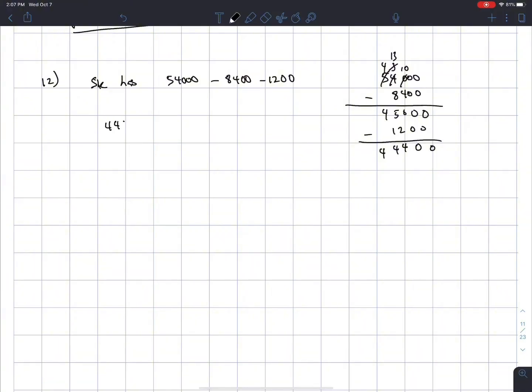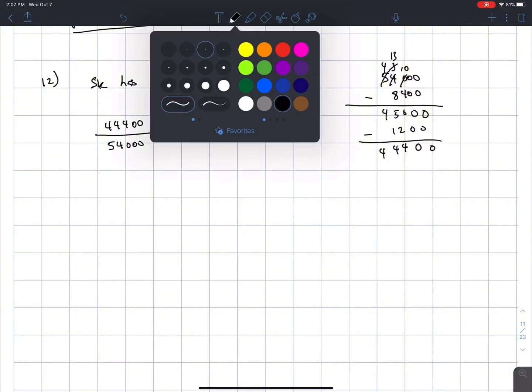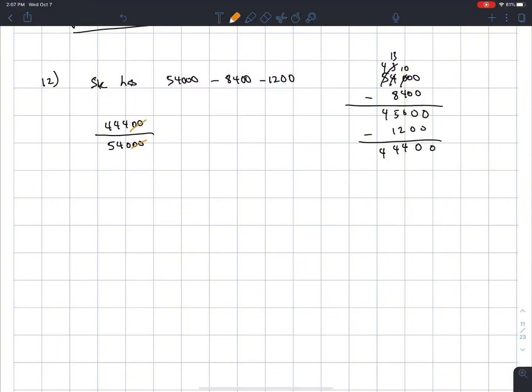So this is 44,400 out of 54,000. So now we can cross out an equal amount of 0. And we get 444 and 540. We can divide both of them by 2. I can divide them by 2 again. I can divide them by 3.